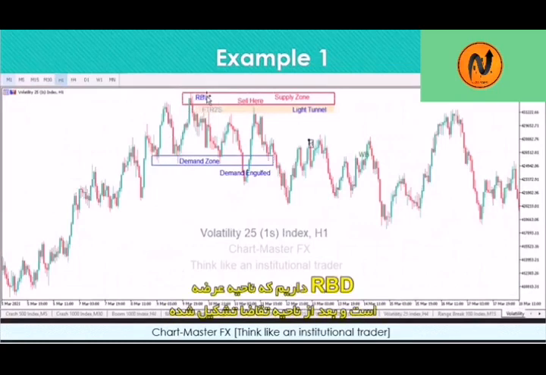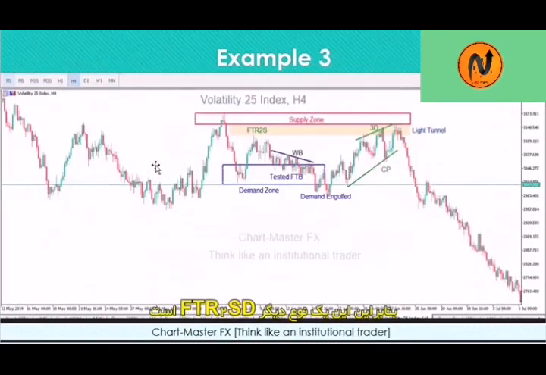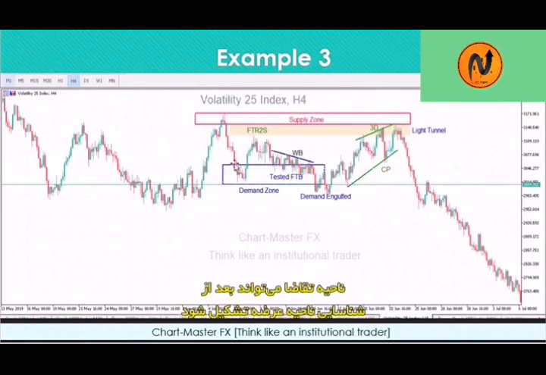The RBD, which is supply, was created after the demand zone. So this is another version of FTR to SD, where this demand can be created after we have already identified the supply zone.